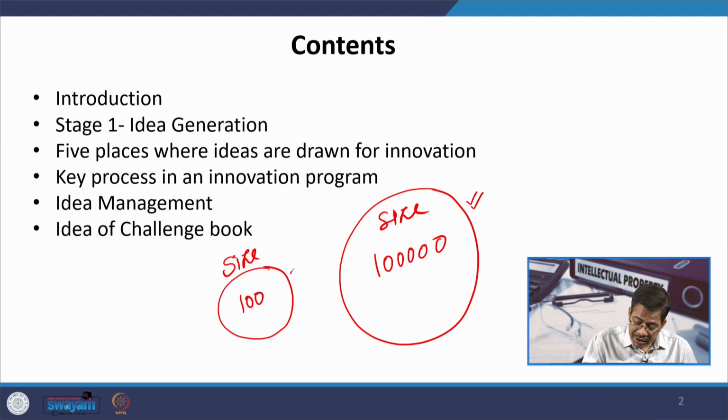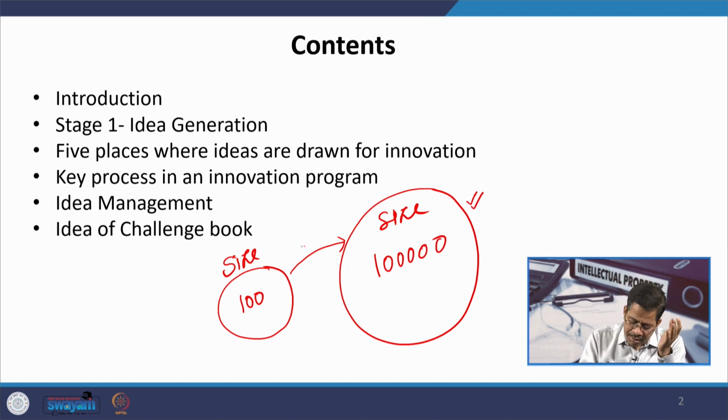So, we want to increase the size, and this becomes a major source of our competitiveness. Now, for increasing the size of my portfolio, we need more IPs, and more IPs will only come when you have more ideas of innovation.